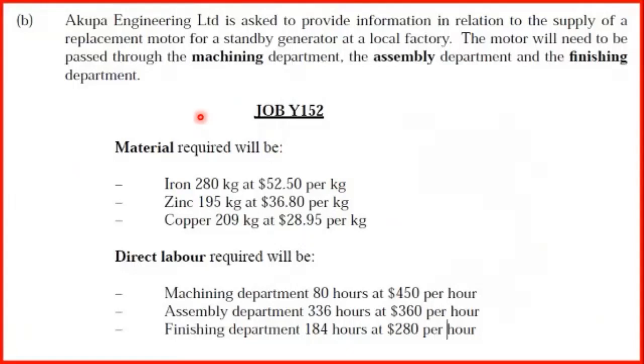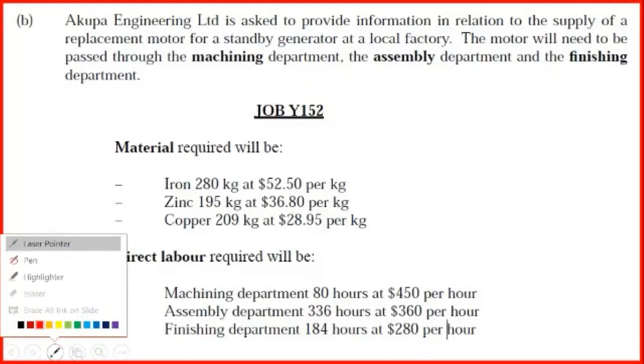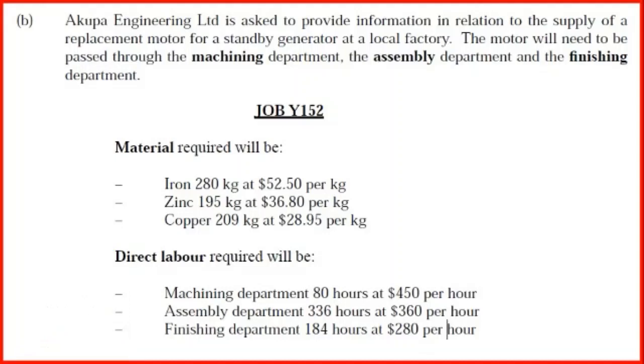Okay, part B deals with job costing, pretty straightforward. Right, we are given a job. You have 3 departments: machining, assembly, and finishing department, and the material required, we are given that, the labor.